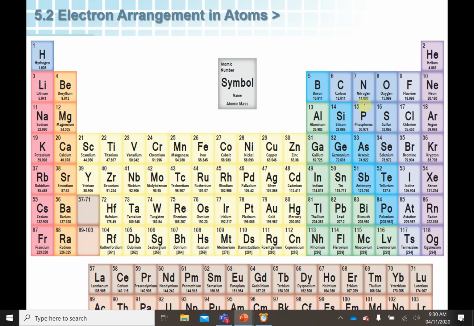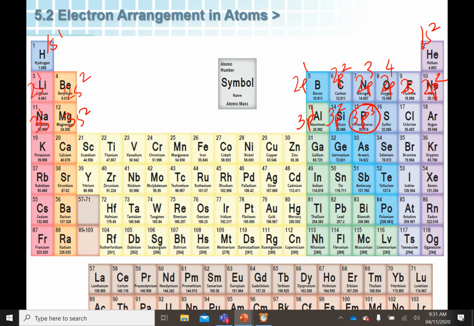Where is phosphorus? Phosphorus is here. Let's write the electron configuration, like we practiced last class. 1s1, 1s2, 2s1, 2s2, 2p1, 2p2, 2p3, 2p4, 2p5, and 2p6. And then 3s1, 3s2, 3p1, 3p2, 3p3.